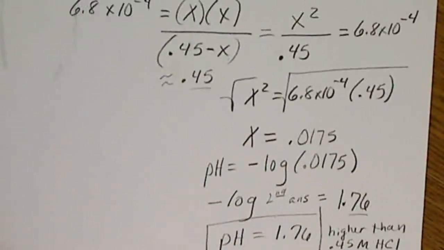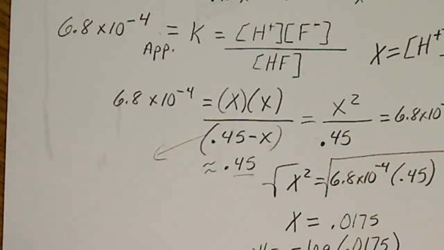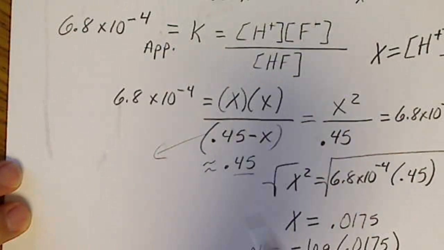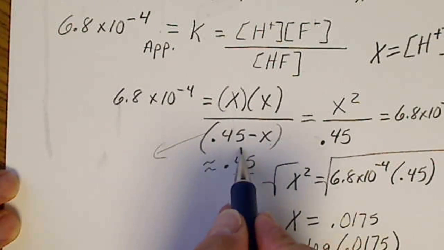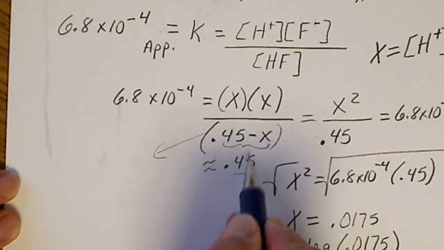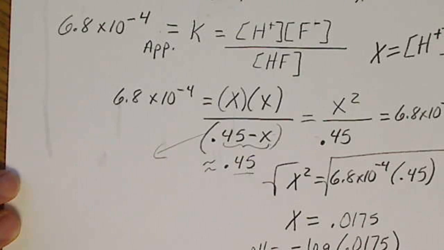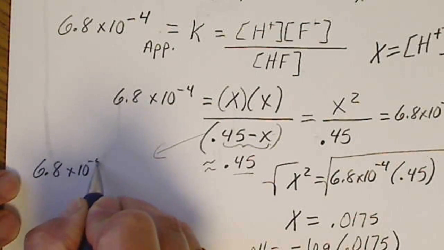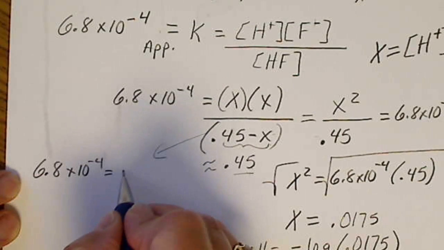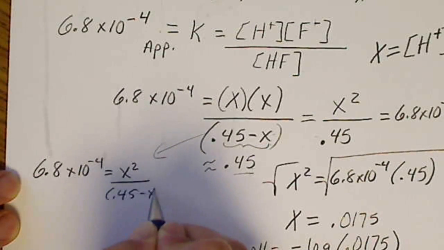And if we would have worked this out the other way, we would have had to do a little bit of algebra here. So if we did not make this simplification, that 0.45 minus x was still approximately 0.45, we'll do that calculation really quick. This equals x squared over 0.45 minus x.